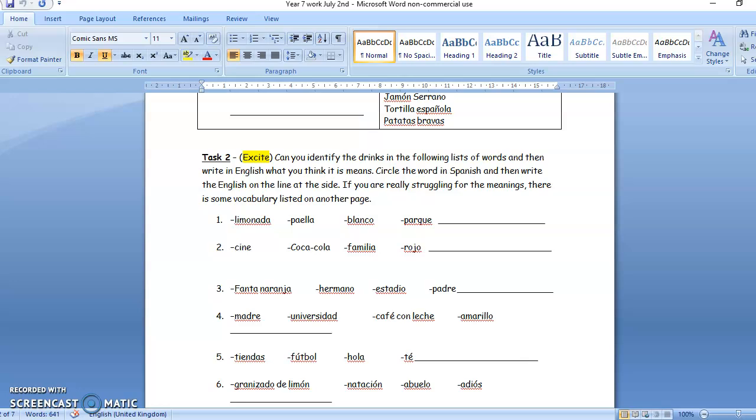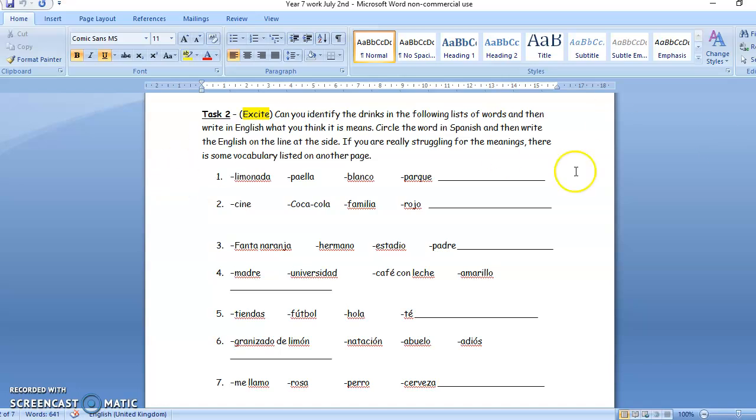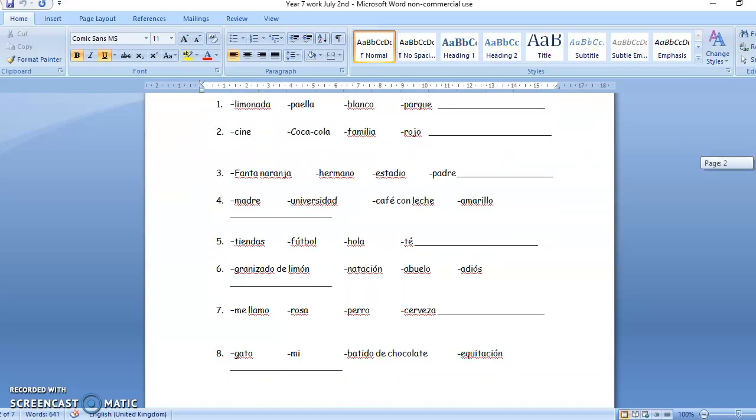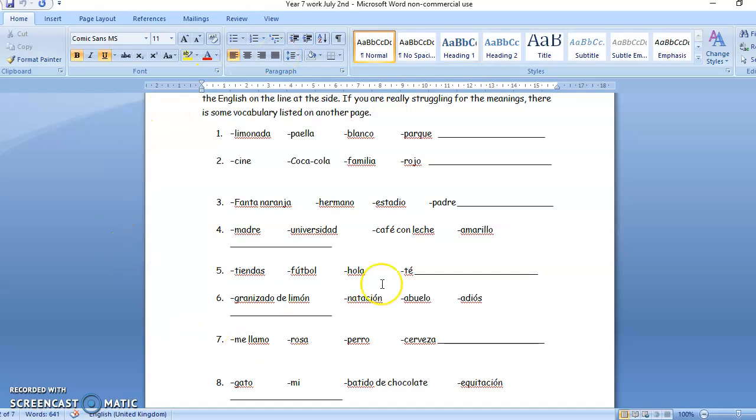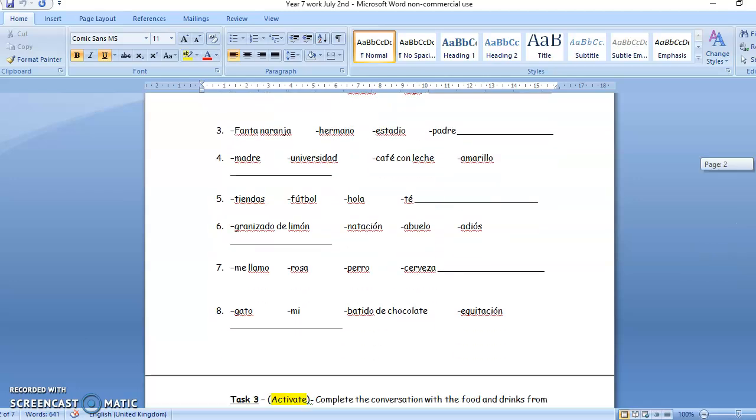There may be a drink that you struggle on, so you might have to put that into an online dictionary to find out its meaning. So that's task 2. There are in total 8 drinks that I would like you to find, and then you write the English at the side on the line. That'd be great if you could do that.